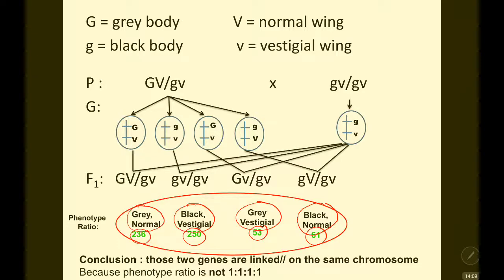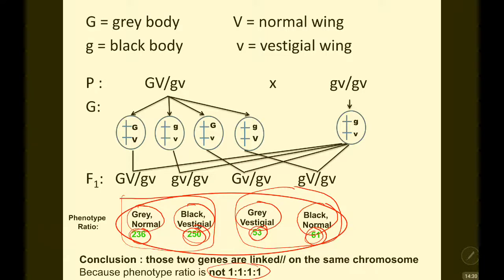It's not 1:1:1:1. You cannot simplify them into a simple ratio. You can see that we usually have 2 groups with a larger number and 2 groups with a smaller number. This is the trend for a linked gene test cross.